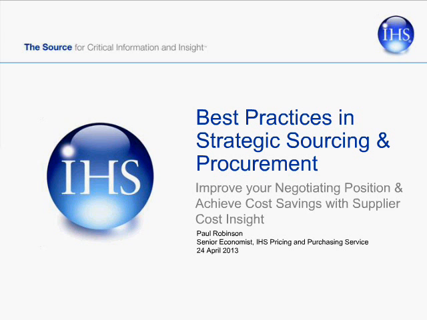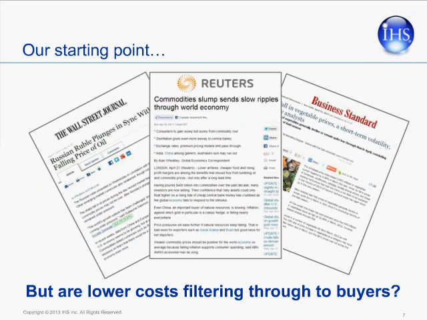We're going to talk today about some tools to extract cost savings in your upcoming supplier negotiations. So this webcast, like our service as a whole, should have a nice return on investment of your time. The starting point for our discussion is, of course, always the news, looking at the recent movement in commodity prices.